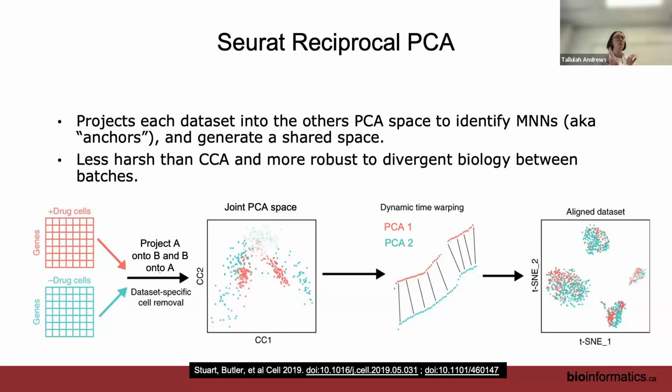And there, within each of those joint spaces now, calculates the mutual nearest neighbors. After that, it does exactly the same thing as CCA does, where it finds this joint embedding space and then aligns the anchors to each other to calculate how to do the adjustment across the data set.